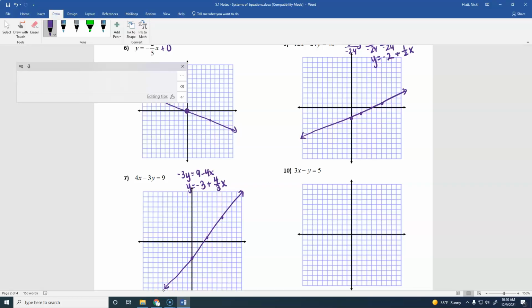And the last one, y equals negative 5 plus 3x, so negative 5, up 3 over 1. Alright, so I'm running through those quickly because it's a review.